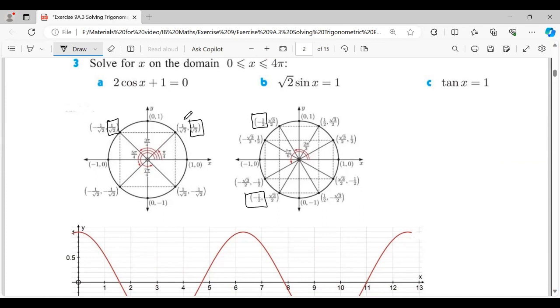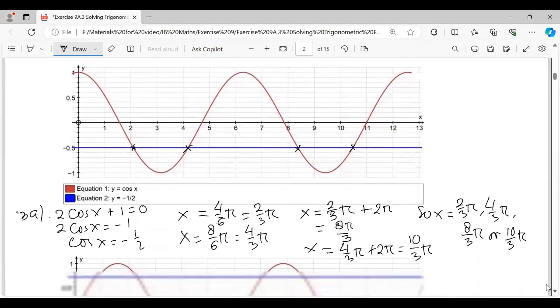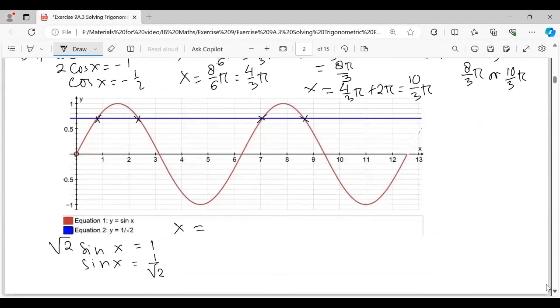Okay. 1 over 4, and then 3, 4. X equals 1 over 4 pi.